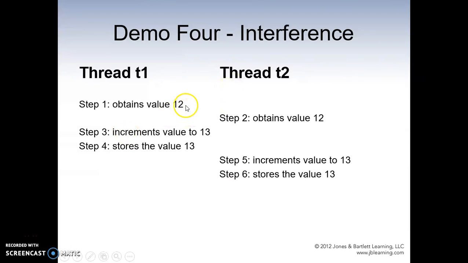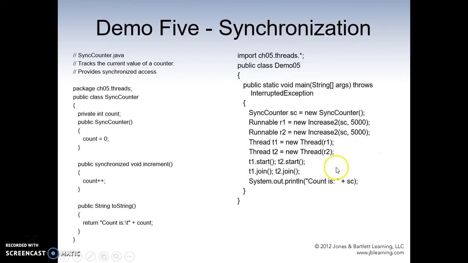Because T1 said increment to 12, and T2, since it's the same time, can start by incrementing the same value from 11 to 12. And then they both have 13 and store the value 13. So that's why we never reach 10,000 if it happens to be called at the same time.